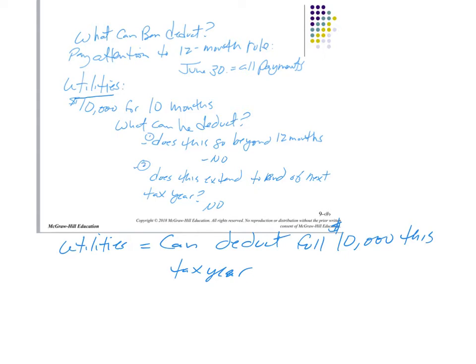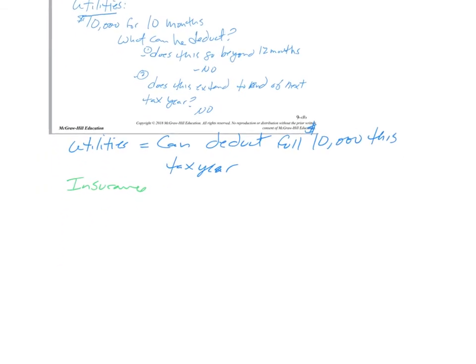So now, what's the next one? The next one is insurance. So the question is, what of that can he deduct this year? Well, what did he spend? He spent $12,000 for 24 months of insurance. Same two questions.